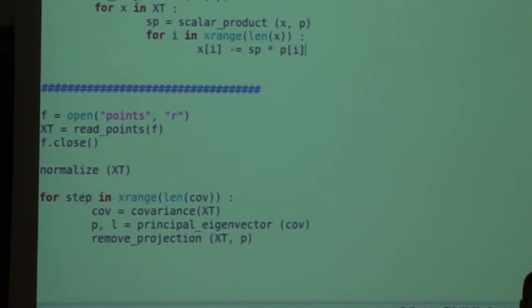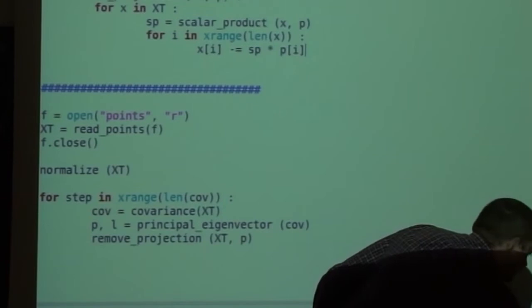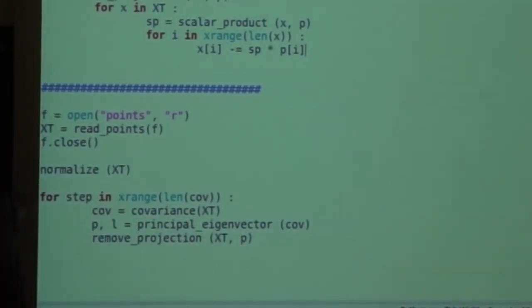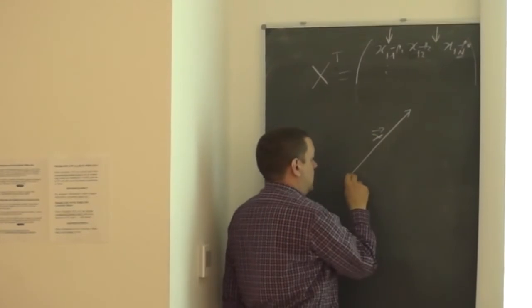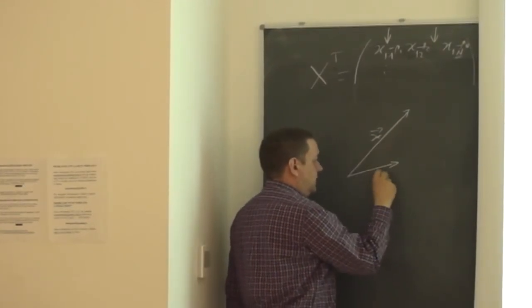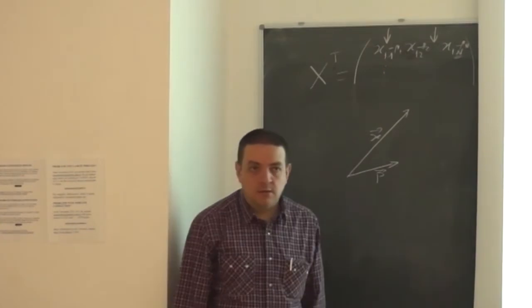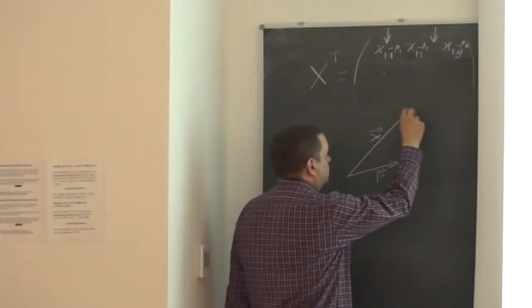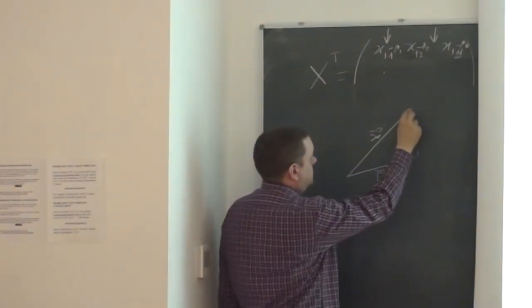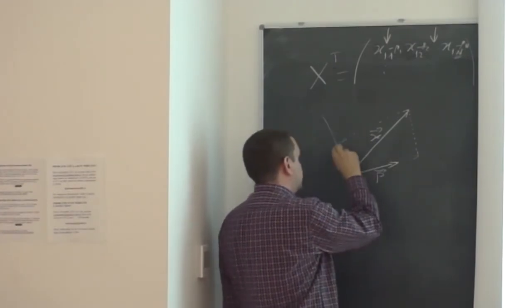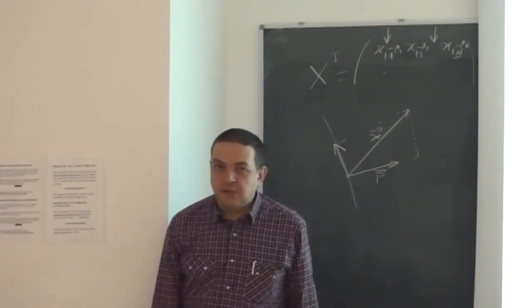Okay. So I have my vector x. I have the eigenvector p. I'm going to remove this component of x in order to project x along this perpendicular direction.